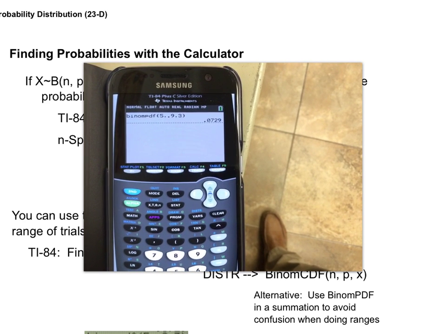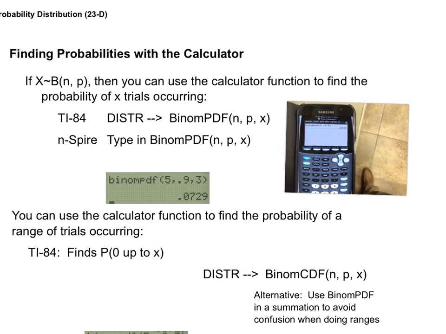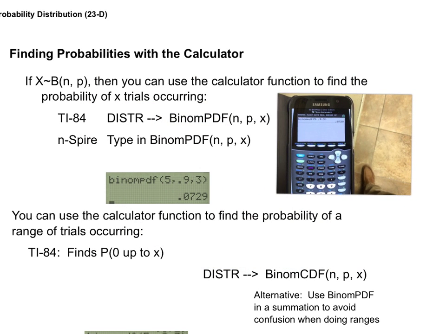That's the percent chance. You can see right here I have a little screenshot of that. Again, this is N, this is the probability, and X is the number of times you want success. Any questions on that so far?